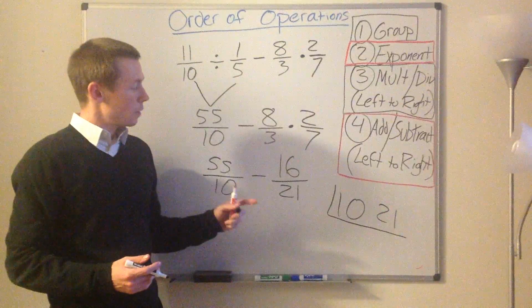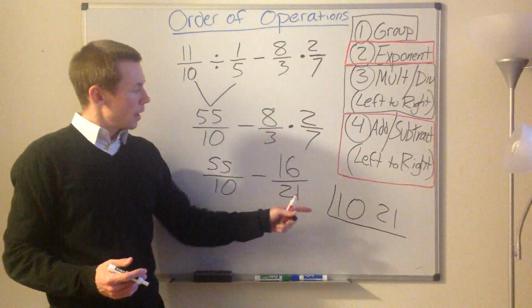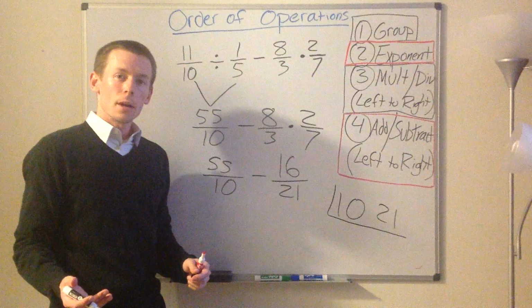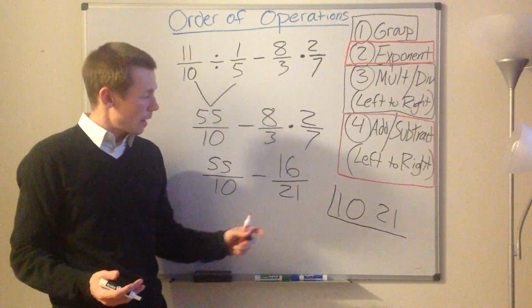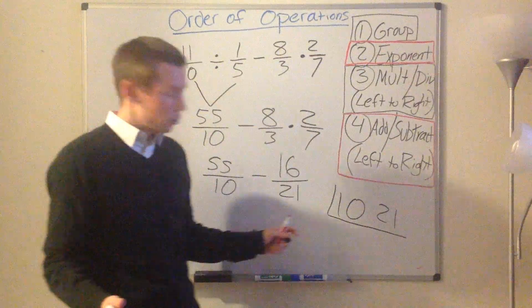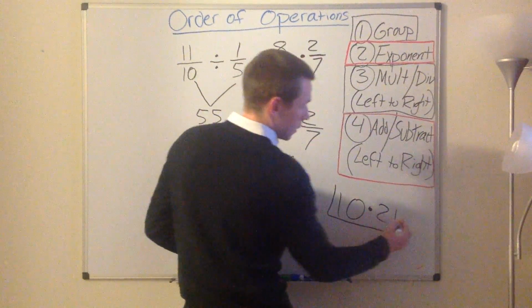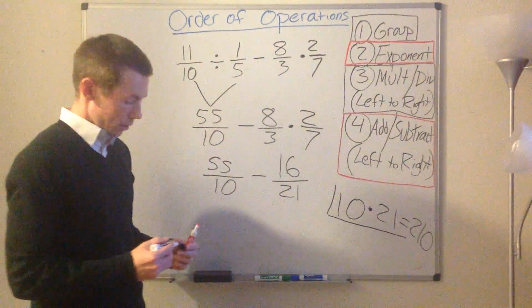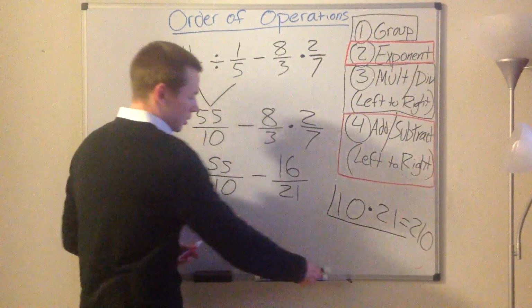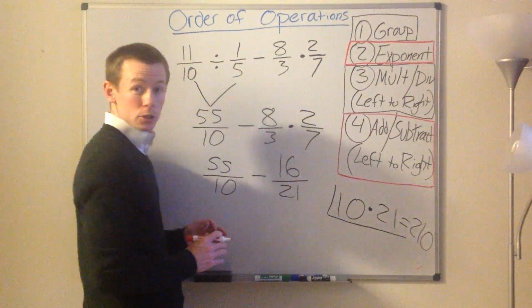Well, 2 and 5 go into 10 evenly, but not 21. And 7 and 3 go into 21 evenly, but neither of those go into 10. So I'm not seeing anything, so that means our lowest common multiple would just be 10 times 21, which equals 210.